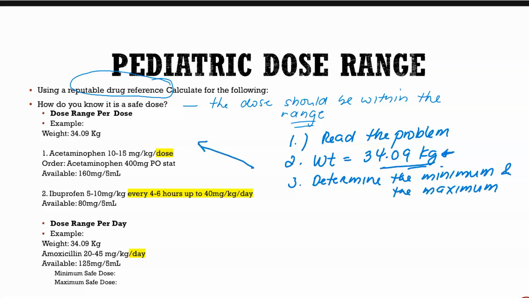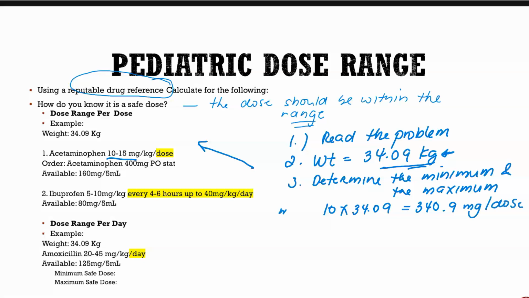Let's look at this specific example. Acetaminophen, 10 to 15 milligrams per kilogram per dose. That's what the reference is telling us. How do we do that? We multiply 10 times 34.09, which equals 340.9 milligrams per dose.